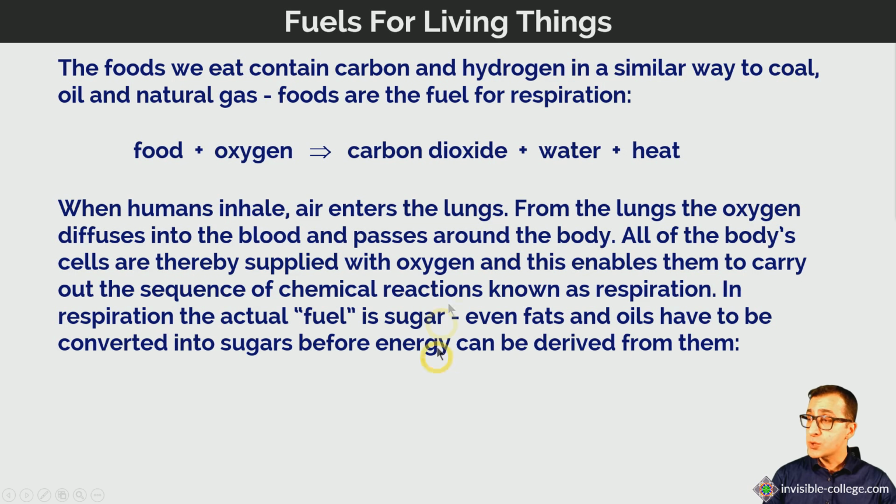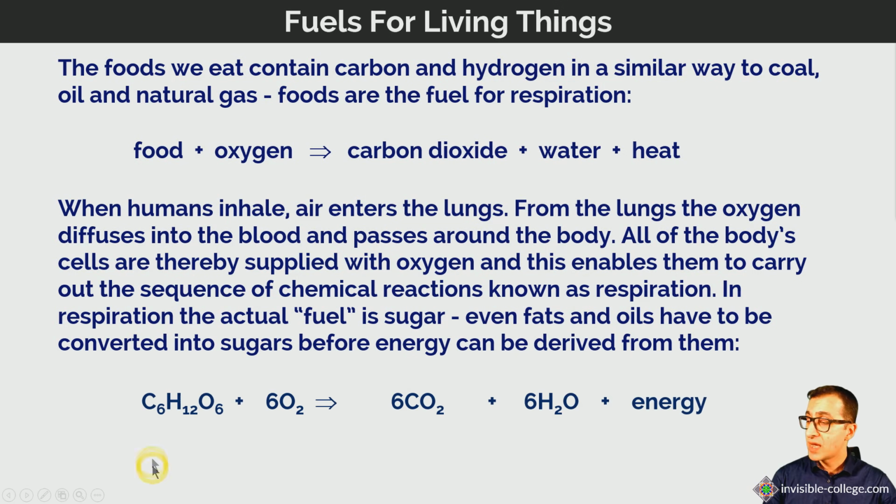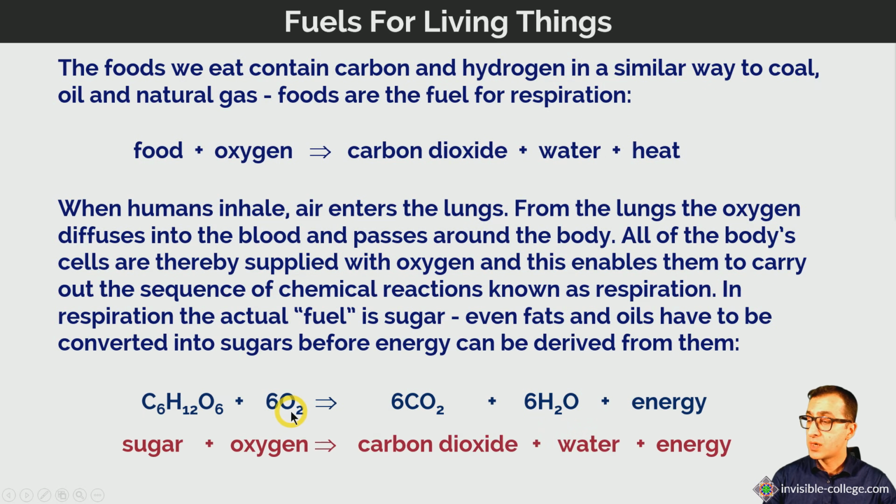So the actual overall chemical equation for respiration is this one here. We have glucose sugar combining with oxygen to form carbon dioxide, water, and a net energy output. Now, again, this is an oxidation reaction, but it is not combustion. This is actually a summary. This one equation actually summarizes a sequence of chemical reactions that happens inside cells, each of which is enzyme catalyzed.